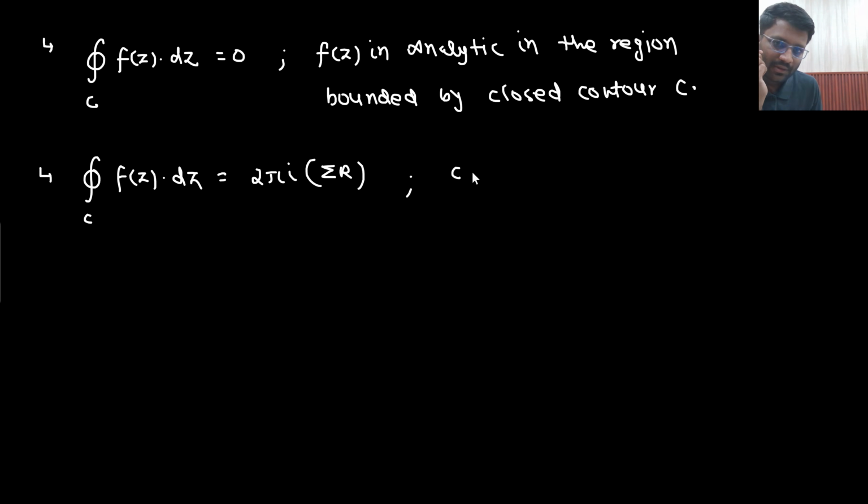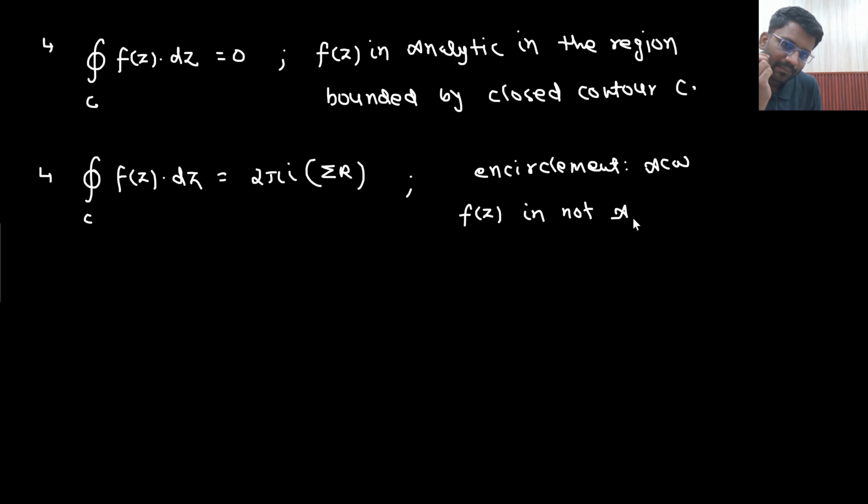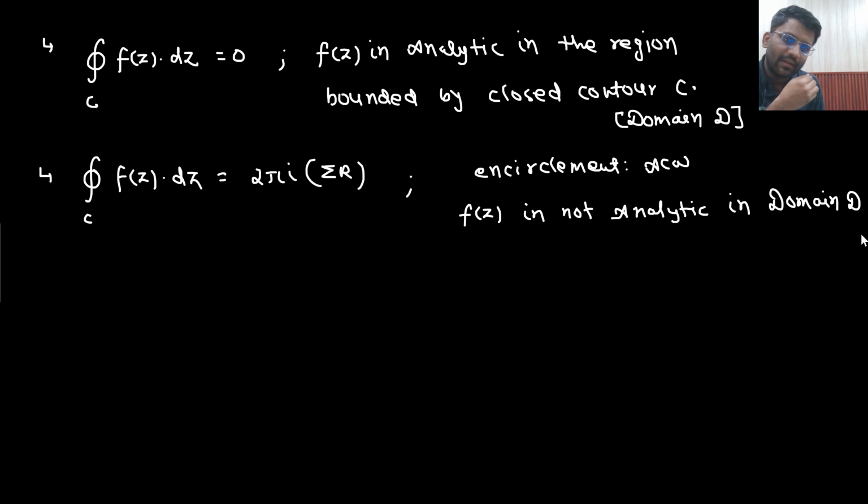This holds if the encirclement is anticlockwise and f(z) is not analytic everywhere. What is the meaning of this? The region bounded by the closed contour C means the domain D. So f(z) is not analytic in the domain D. And what is summation R?